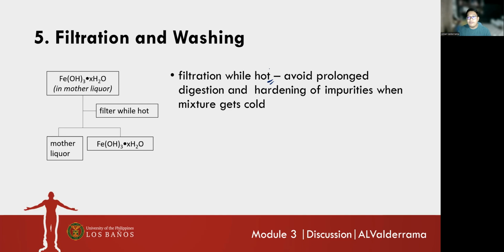This is to avoid prolonged digestion, and it will improve the flow rate of our filtration, since filtration separates the precipitate from the mother liquor. Also, this will avoid the hardening of the impurities when the mixture gets cold. Okay?